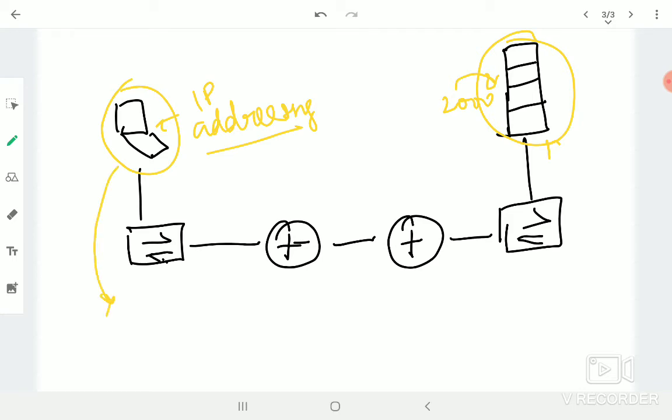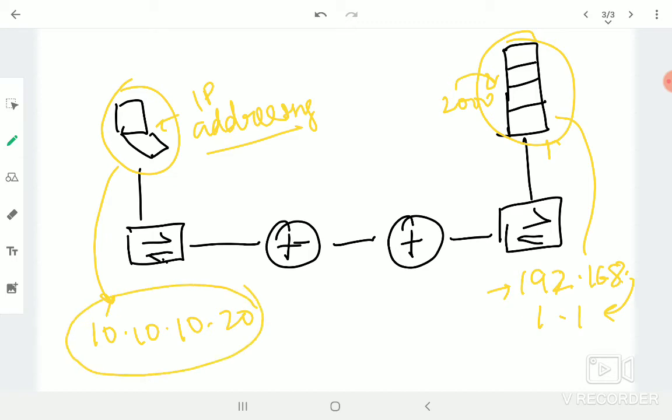Now let's say I assign an IP address over here as 10.10.10.20, and the database server in our example has an IP address of, say, 192.168.1.1, right? Sorry, I need to put the last two octets under the first two octets, but you understand the point here. I have two devices. They have their own name, which means they have their own IP addresses, right? And they want to talk to each other.